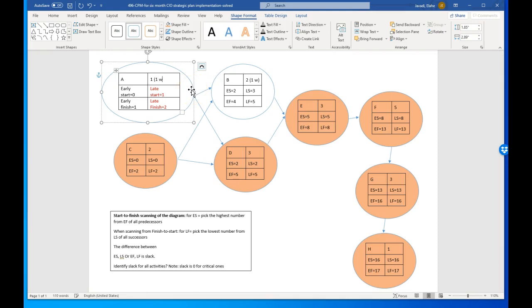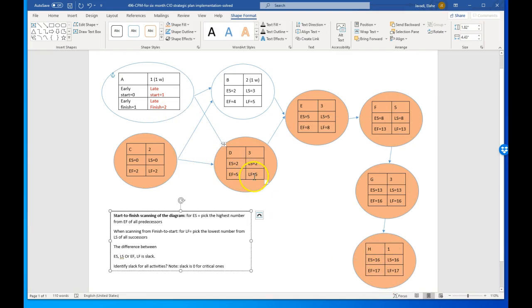So you see here we did critical path analysis, going from the beginning to the end, coming up with 2 numbers, early start and early finish, and we scanned the network from the end to the beginning.